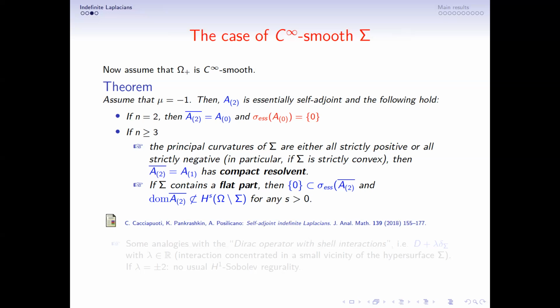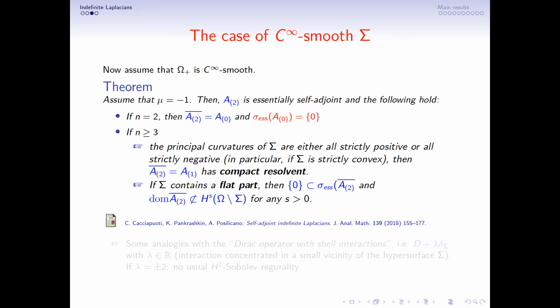But if you are in higher dimension, and if you add some extra assumption, for example, if you suppose that the principal curvatures of the hypersurface sigma are all strictly positive or all strictly negative, in particular if sigma is just strictly convex, then in this case, the closure of A2 is A1, which means that you have some regularity, and this will imply that you have a compact resolvent, and in particular, you have just a point spectrum.